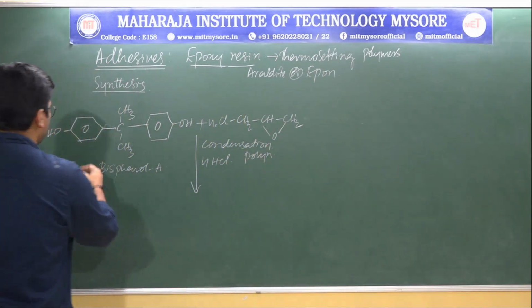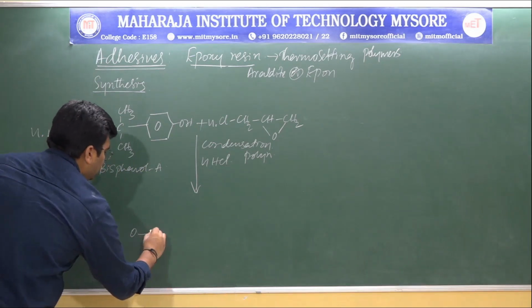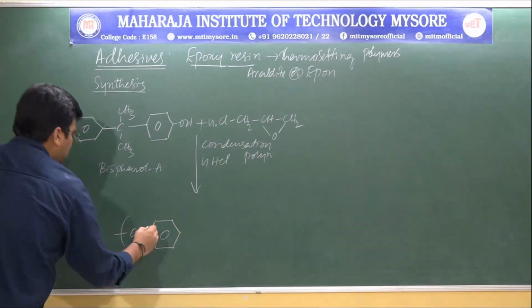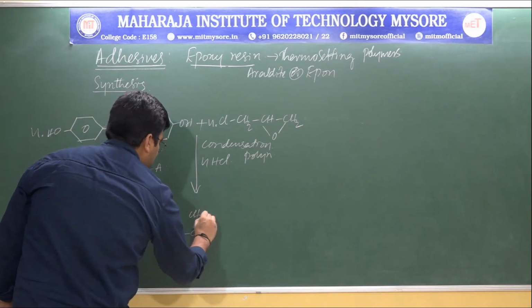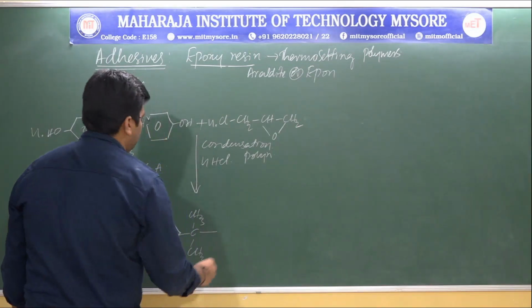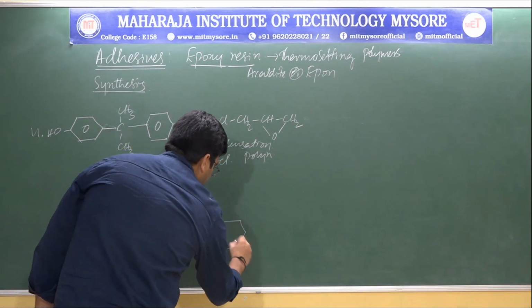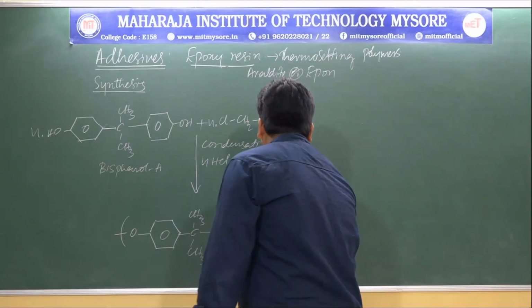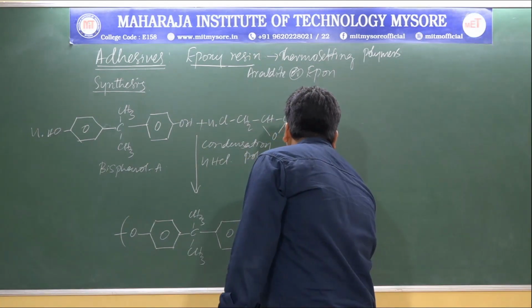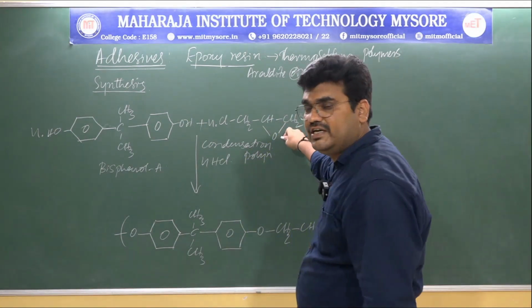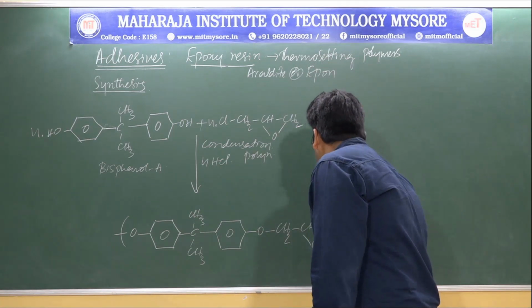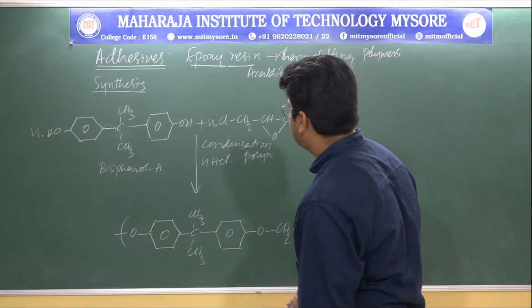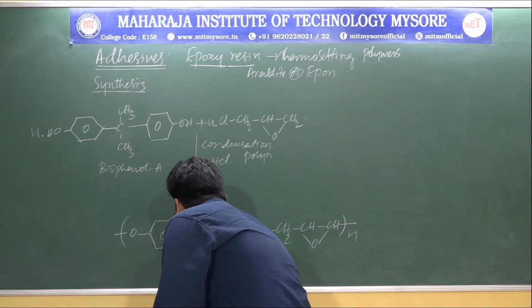What we are going to get is O, then the CH3 groups remain as they are, and the O forms CH2 and CH, and then CH2 becomes CH with O. If you write n times, then it is called the epoxy resin polymer.